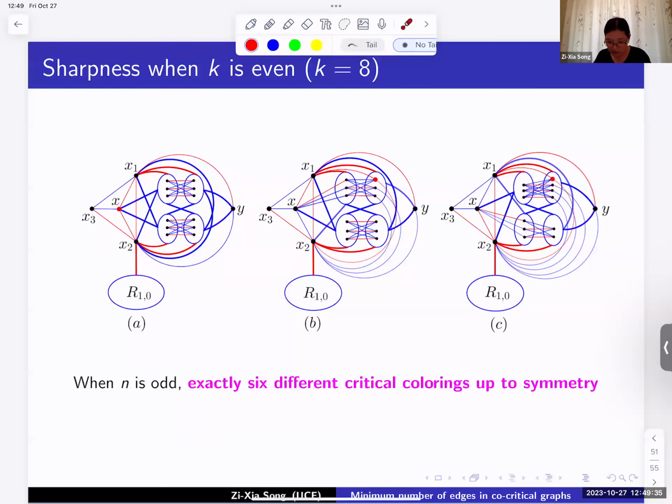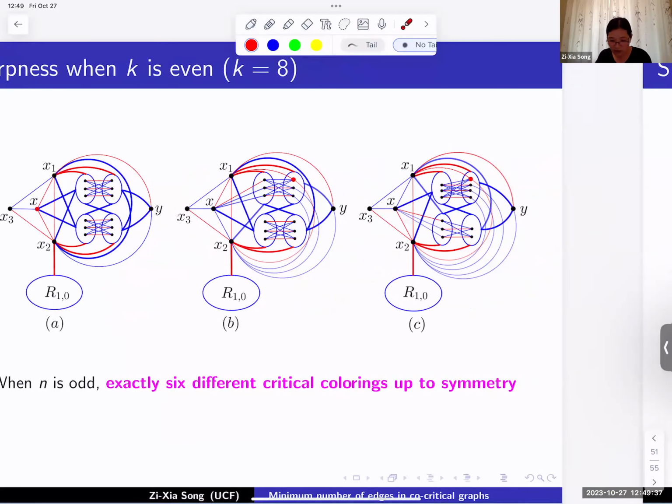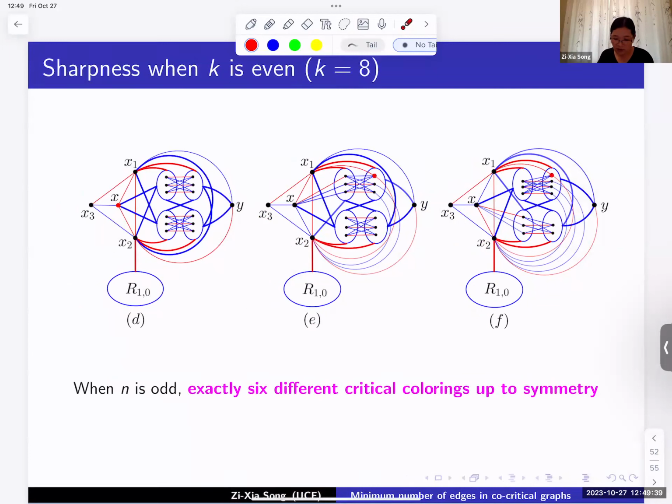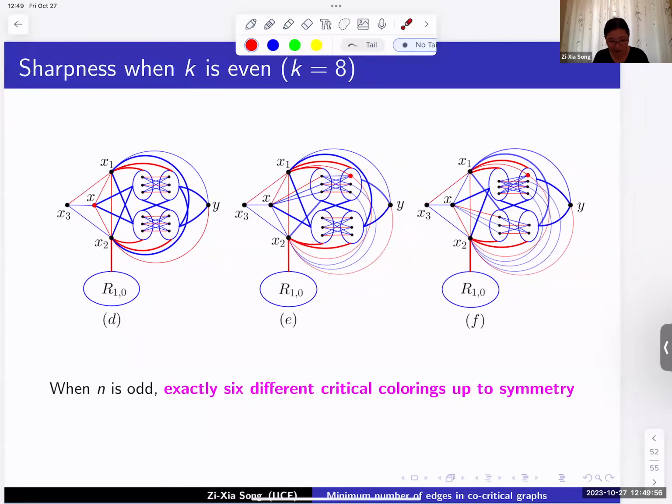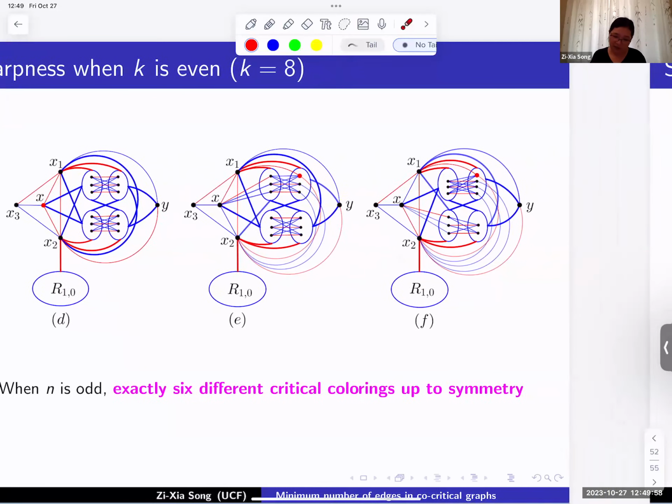This is the first 3. This is the next 3. To you, it may look the same. I cannot fit them all on one slide, so this is the one I took from the paper, where they were drawn together. So for 6, I have 6 here.